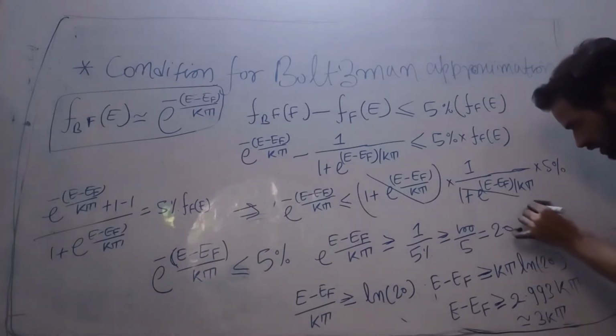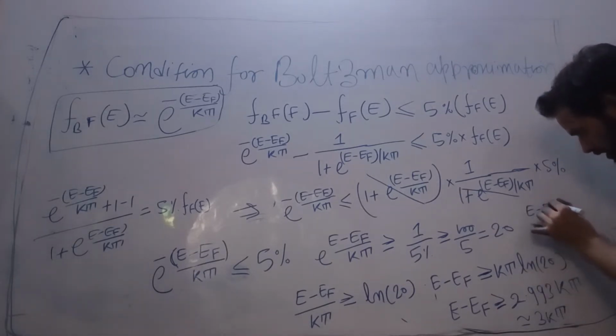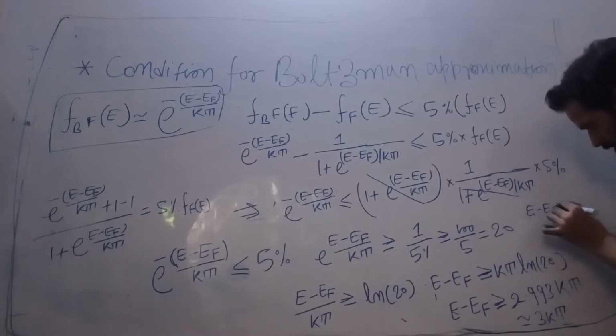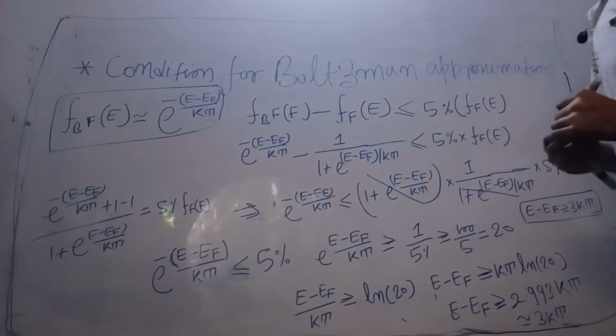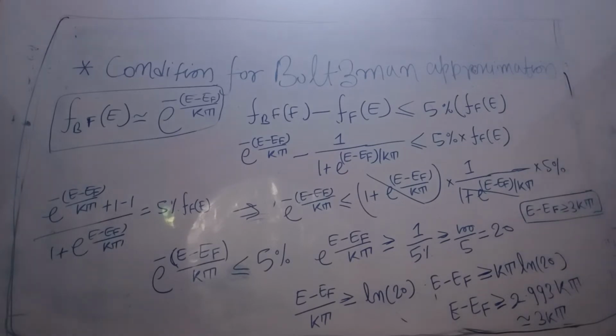E minus EF is at least 3 kT. Now see, 3 kT. This is the condition. What condition is that? E minus EF.